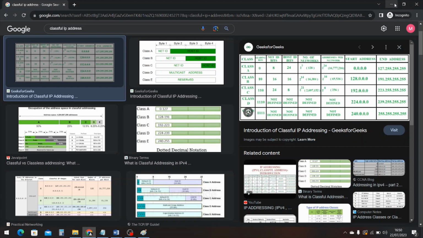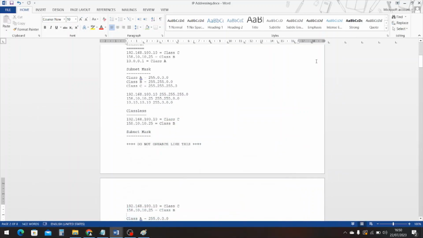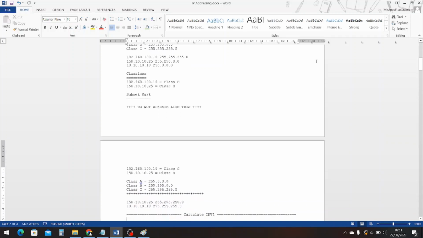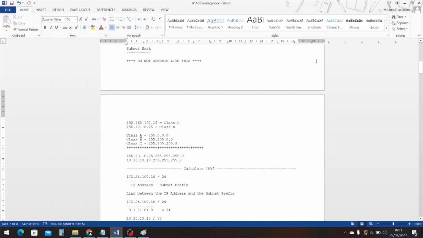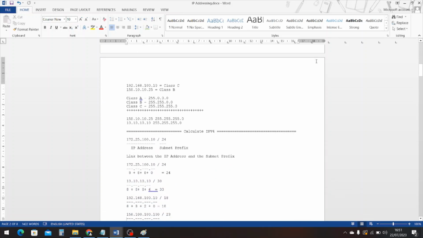So in classless, there's no relevance between the IP address and the subnet mask as in classful. But yeah, there's a relevancy. I'll come back to it later, with the examples that are going to be indicated below. So let's do the calculation of classless.